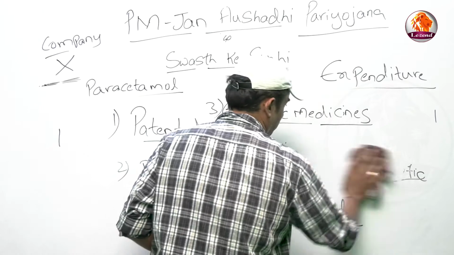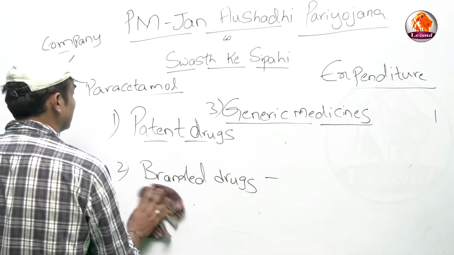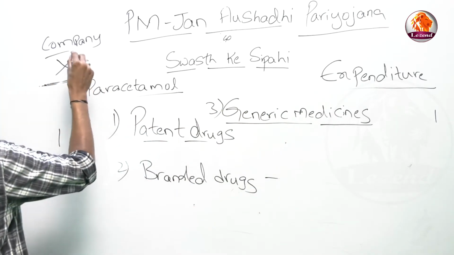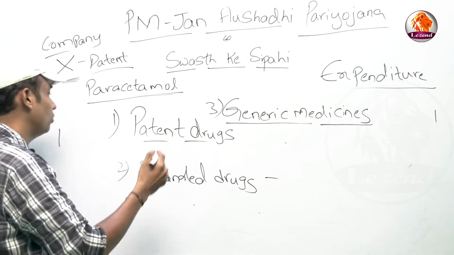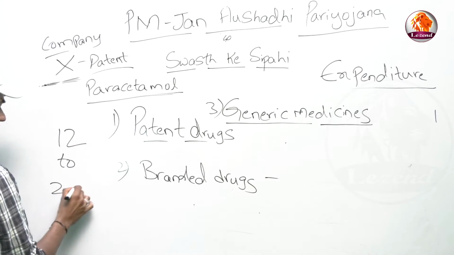So, what you have to understand is that this patent company will produce this drug for a period of 12 to 20 years. In India, it is 20 years, guys.